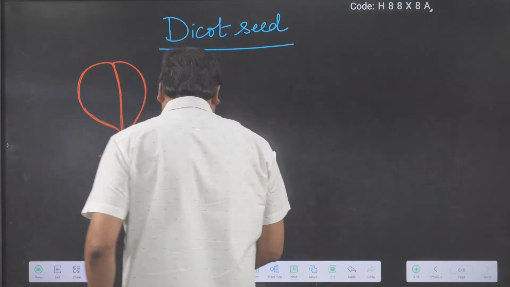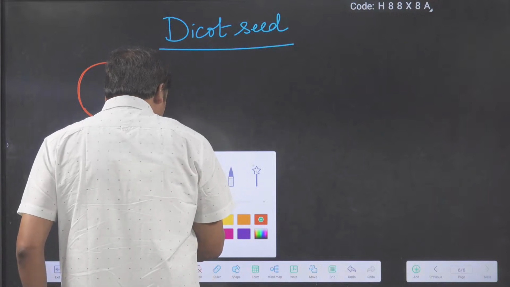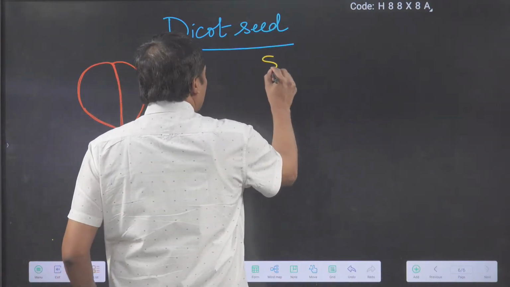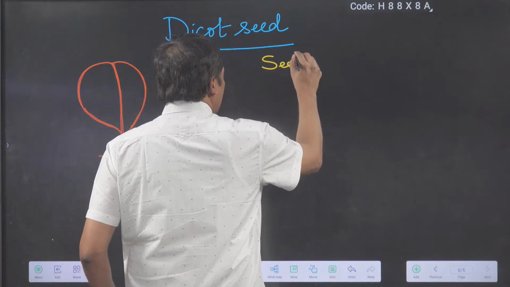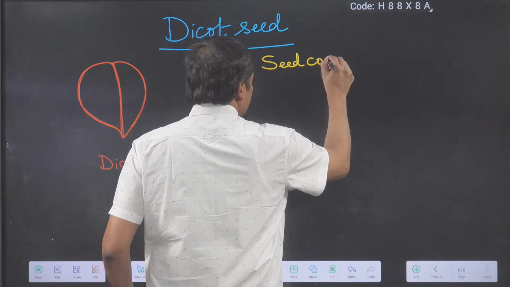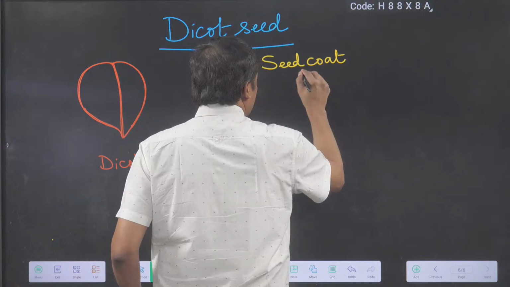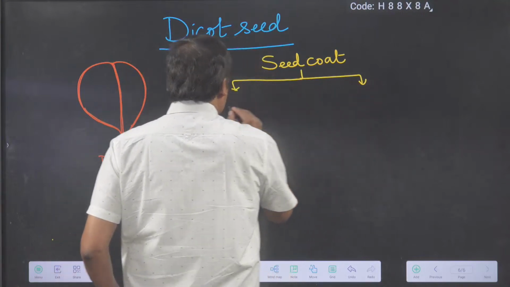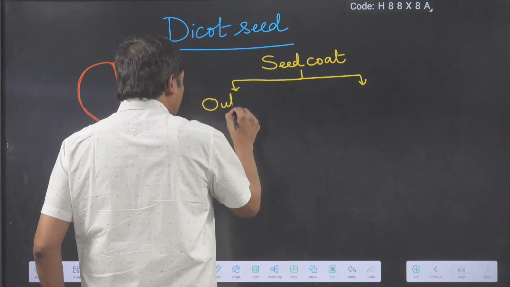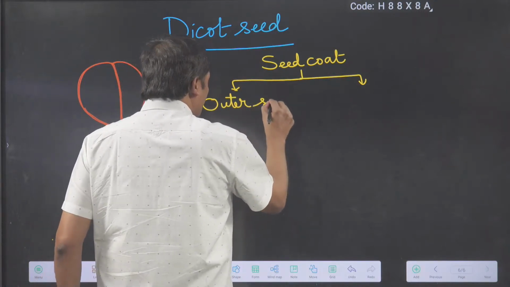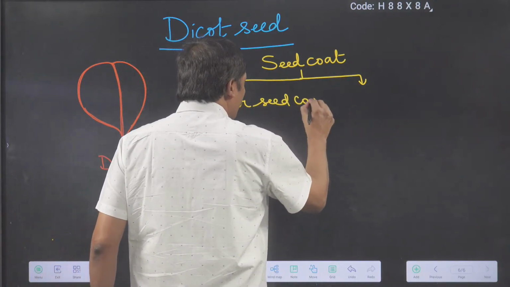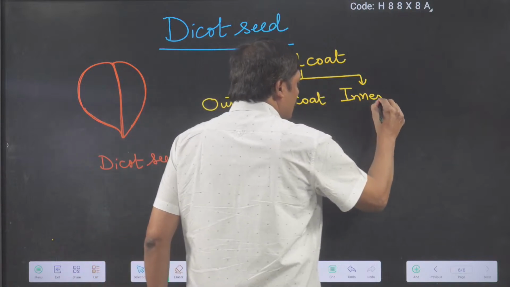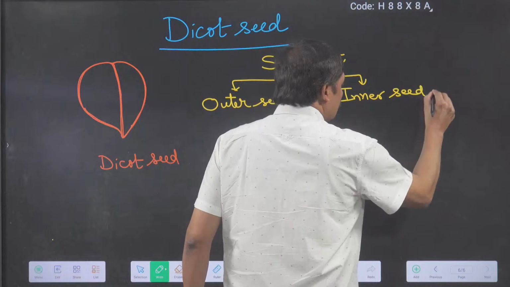I told you. There are 2 seed coats generally, outer seed coat and inner seed coat.